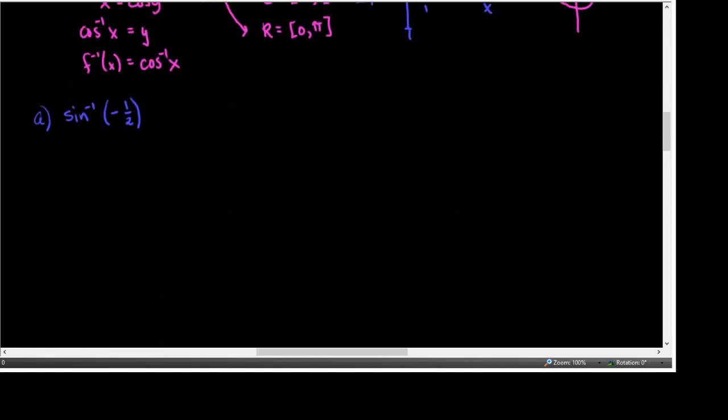When I'm asked to find a trig inverse value, I say that's equal to some angle, which I'm going to call theta. Then I rewrite that equation according to what it means. Sine inverse of negative 1/2 equals theta means if you take the sine of some angle theta, the answer should be -1/2.